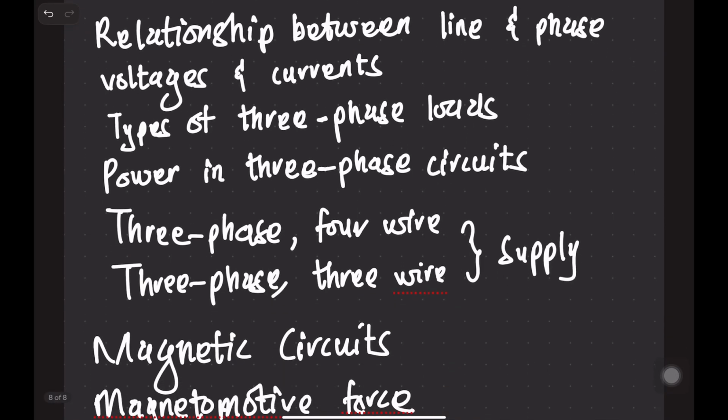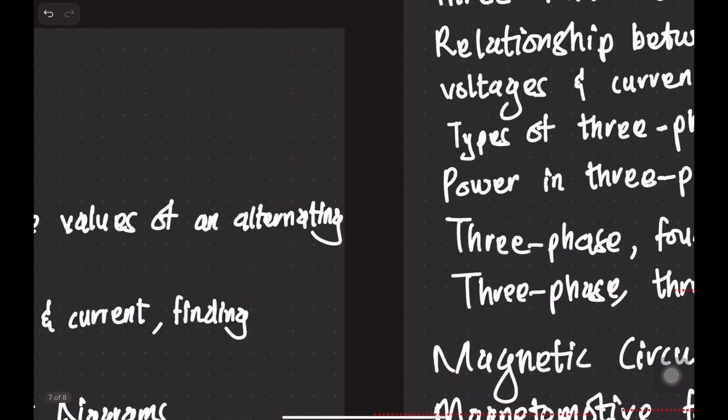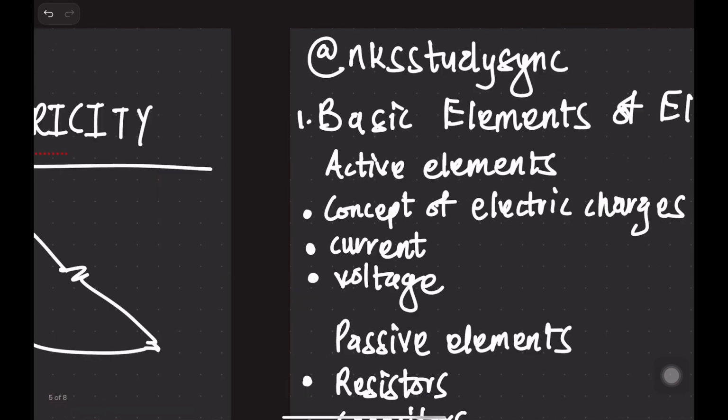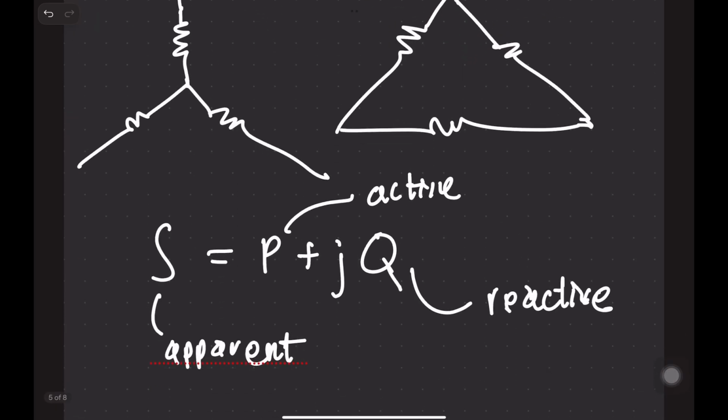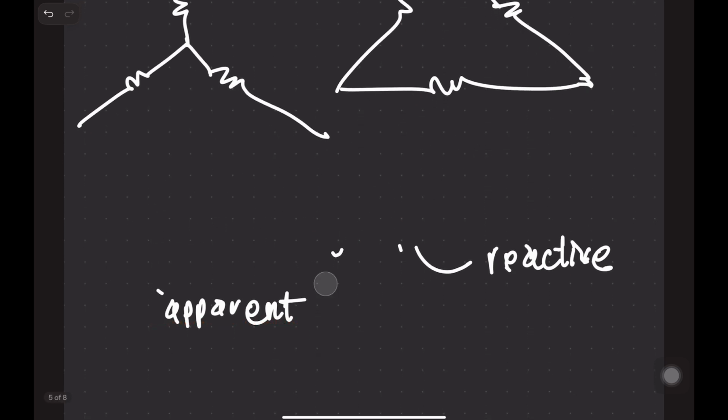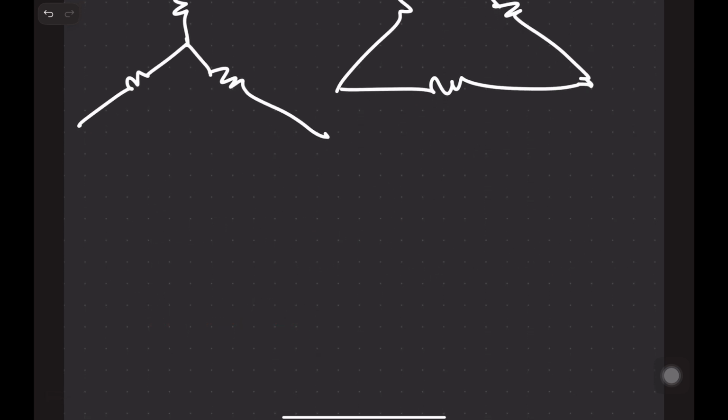Then we would move to three-phase 4-wire supply and three-phase 3-wire supply. How we can supply power using three-phase with the two different types of supplies.